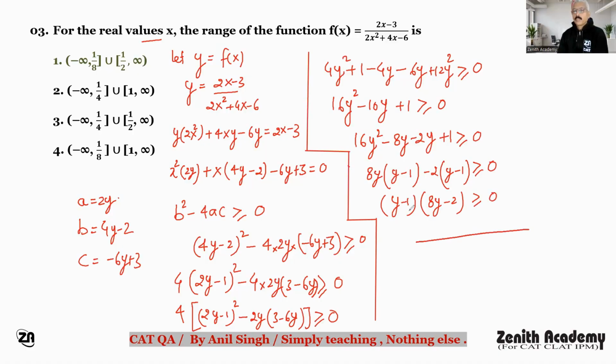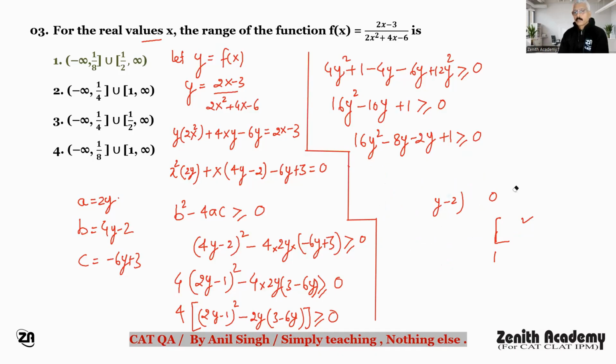So y is 2 by 8, that is 1 by 4. No, no, no, it is 2y. Just a minute, there was a mistake here.